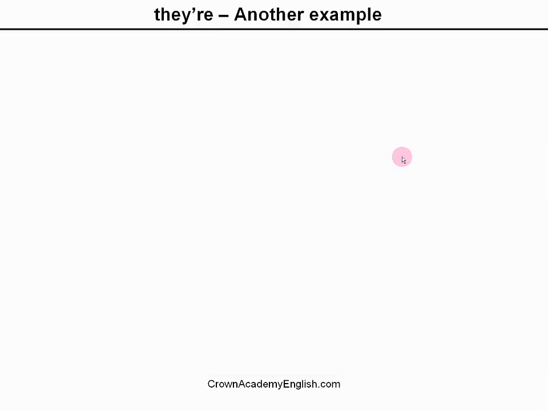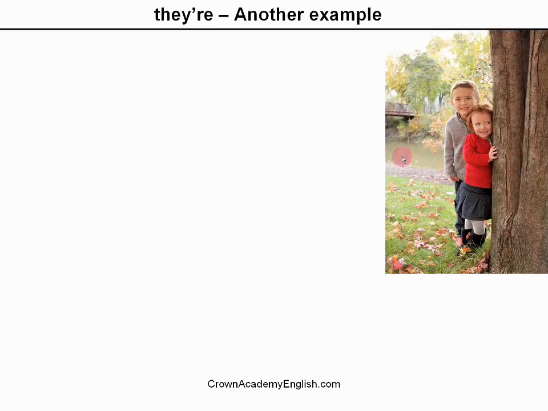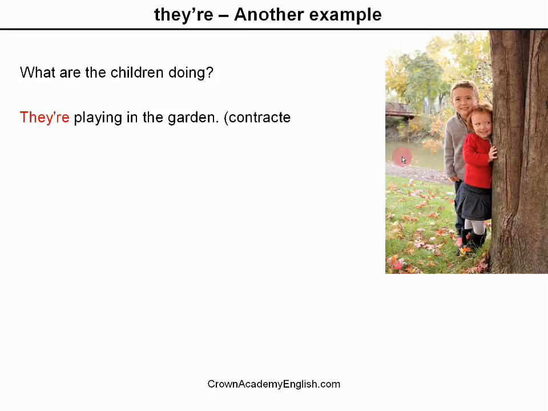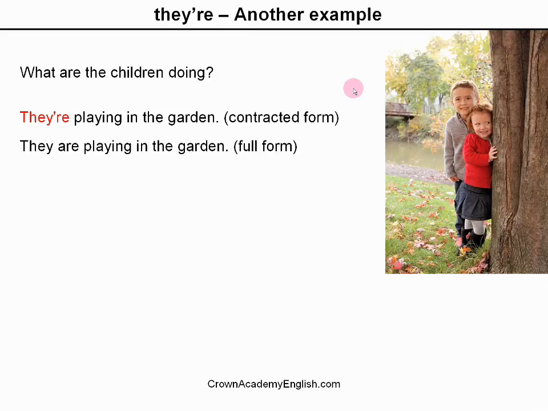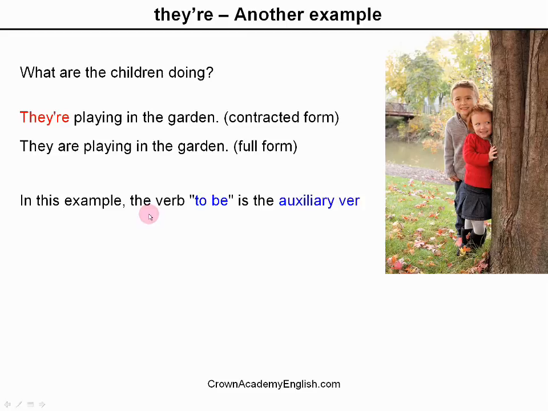Another example, slightly more complicated. What are the children doing? They're playing in the garden. So this is the contracted form. And the full form is they are playing in the garden. So can you see a difference with the previous examples? Well, in this example, the verb to be is the auxiliary verb.